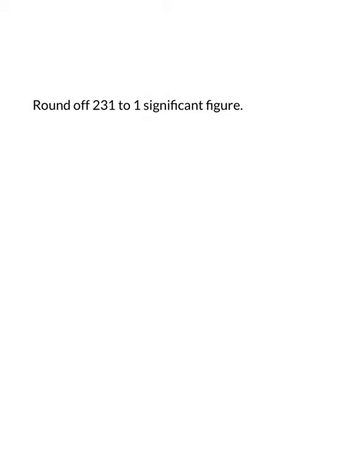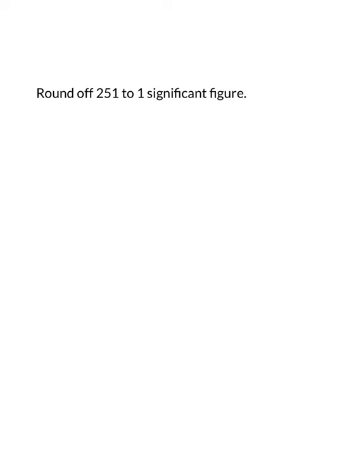So if we want to round off 231 to one significant figure, we need to choose the best significant figure to represent it. So it should be 2. But is that really 2? We know it is not. Actually, it's 200. So we choose 2 to represent it, that is 200.